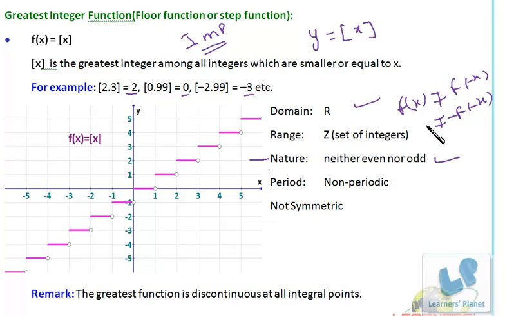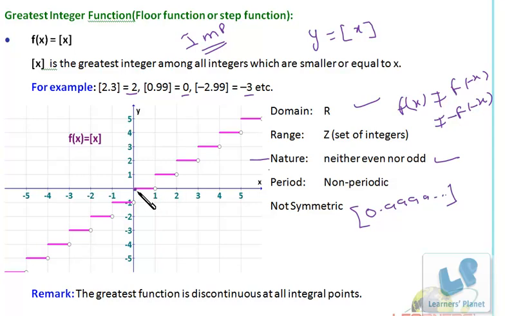Now let's see how we draw this graph. Friends, if x is 0, y is 0. That means the graph will pass through the origin. So this is the point from where the graph starts. Now up to 0.9999, immediately less than 1, the value of this box function will be 0, right? So till 1 the value will be 0.